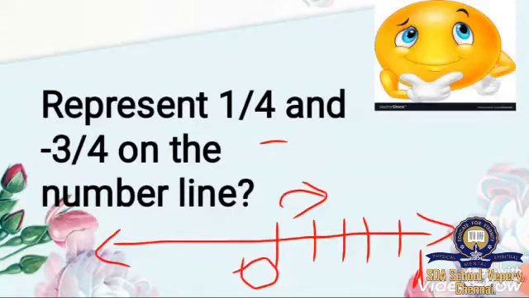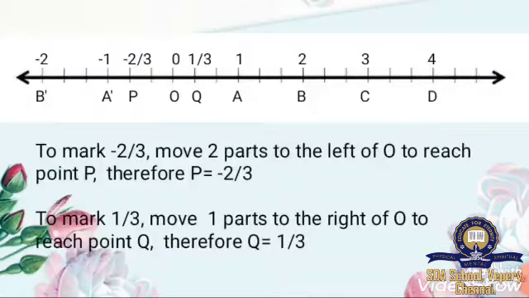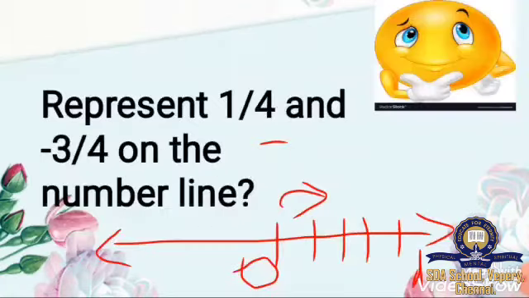Represent 1 by 4 and minus 3 by 4 on the number line. To represent these numbers, usually draw a number line. In this number line, divide equally to denote 0, and on the right side mark it as 1.